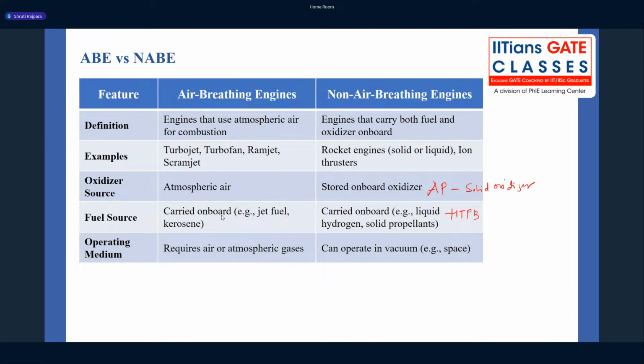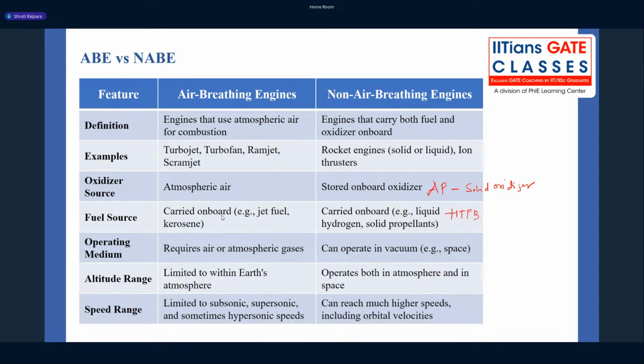Based on the operating medium itself, we can comment on the operating altitude range. Air breathing engines require an atmosphere, so they are very much limited within the Earth's atmosphere. Whereas a non-air breathing engine doesn't bother, so it can operate both in the atmosphere as well as in space.